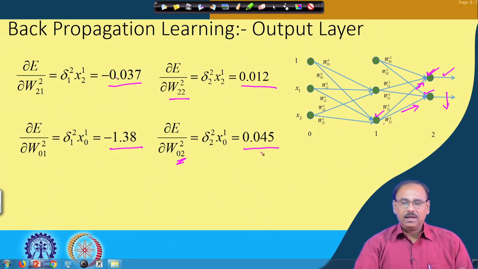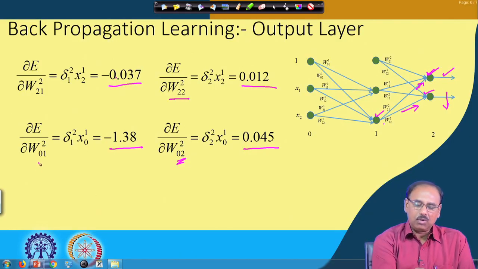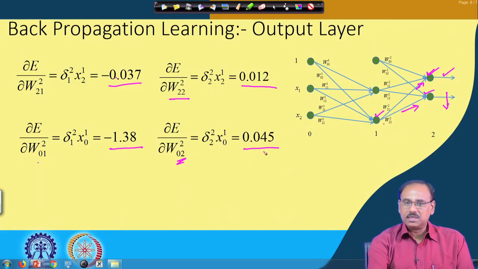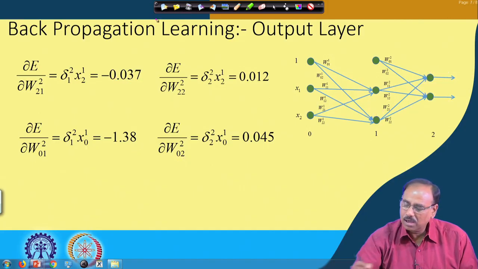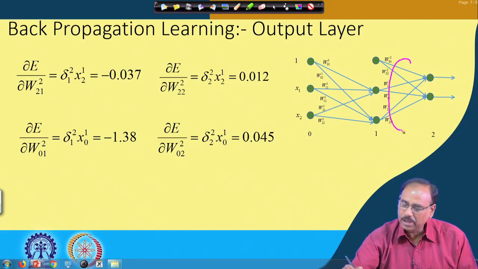So, this again tries to increase the output of the first node of the output layer and tries to reduce the output of the second node of the output layer, because W012 is being incremented by eta times 1.38, whereas W022 is reduced by 0.045. Okay. So, this is how the weights in the output layer will be updated.